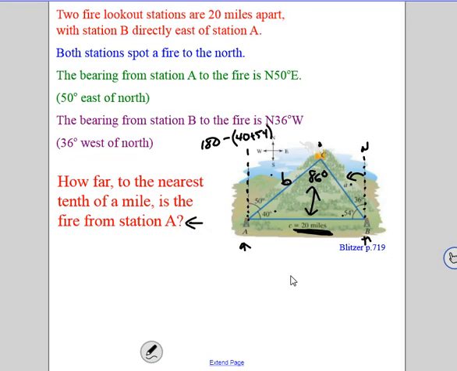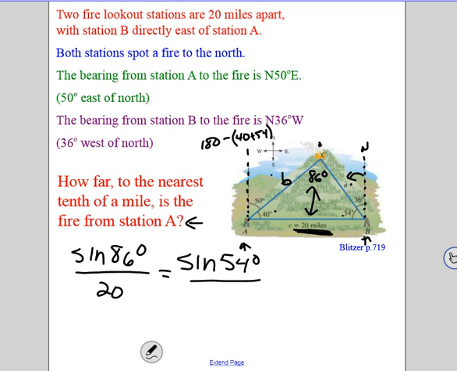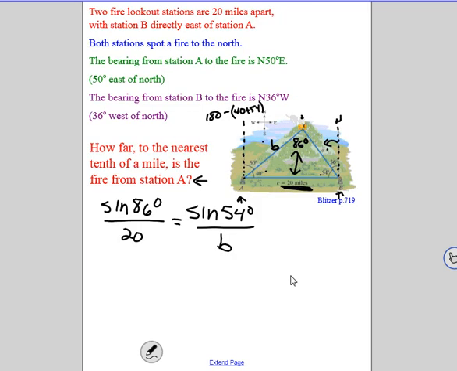And so I can set up my equation, which says that sine of 86 degrees divided by 20 has to equal the sine of angle B, which is 54 degrees, divided by b. I want to solve for b. So I want to multiply both sides by b, or cross multiply and divide, however you think of it, because this would get rid of that.